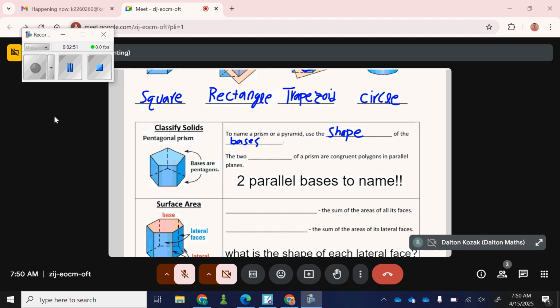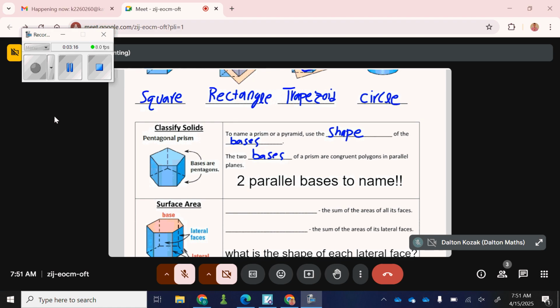So there's a bunch of lateral faces, but there's only two bases and they're parallel to one another, which basically just means one's on top, one's on the bottom, or if it's on its side, one's on the left, one's on the right. So the two bases of a prism are congruent polygons in parallel planes.